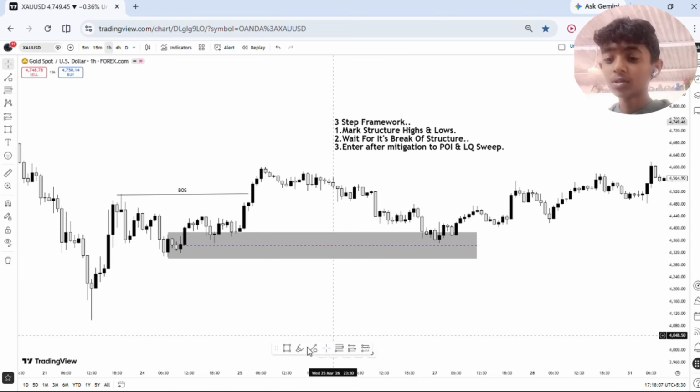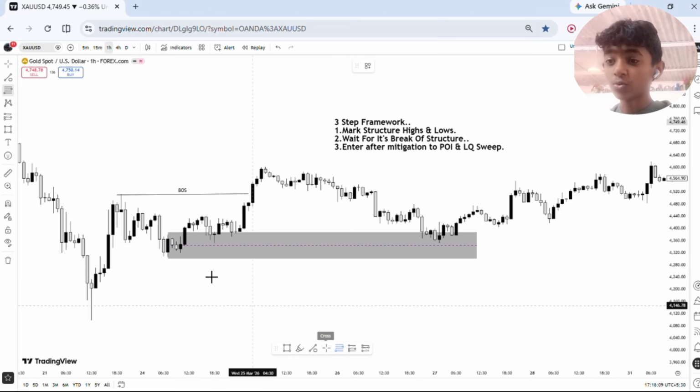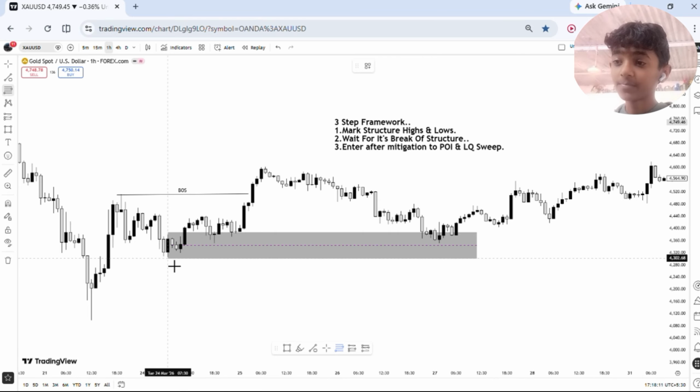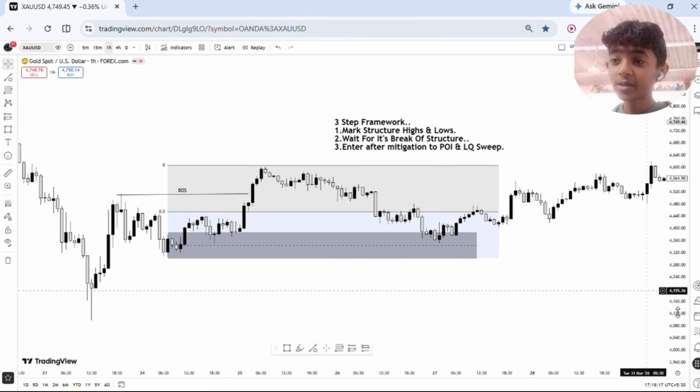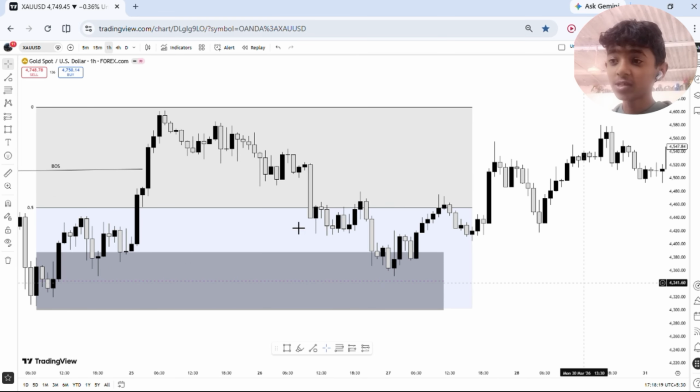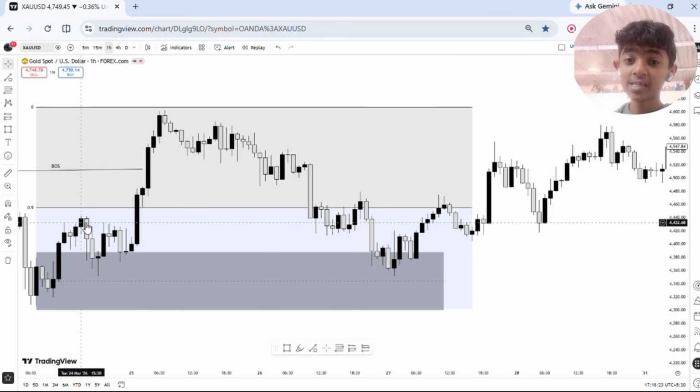Now this is our tool, and how to mark this: catch the lowest to the highest point of the range, and you see that anything above the 0.5 level is premium and anything below the 0.5 level is discount.